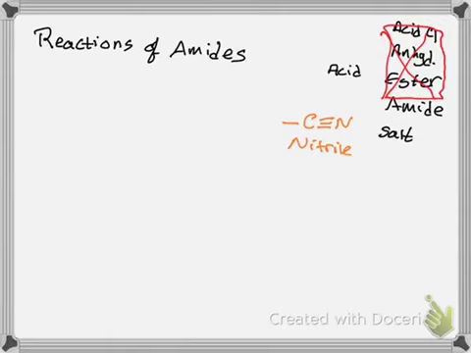So, what we are going to focus on for the rest of this video is how we take an amide and we turn it into the acid and the salt. Subsequent videos will be about the nitrile. All right? So, I'm going to clear this page, and we're going to start by talking about amide to carboxylic acid.